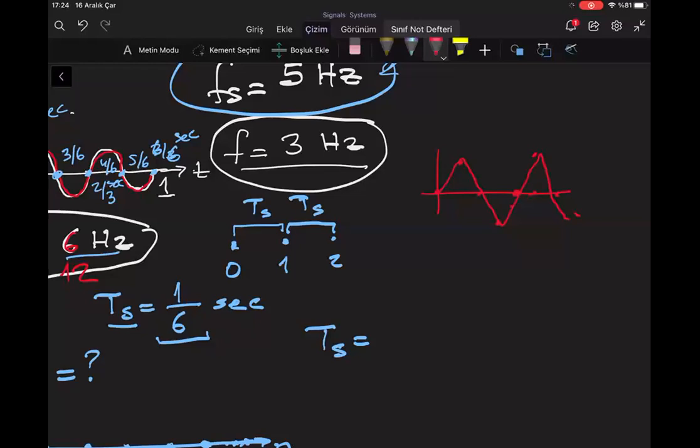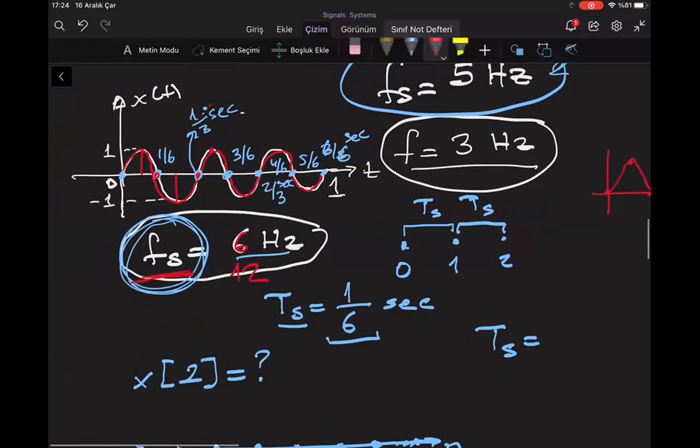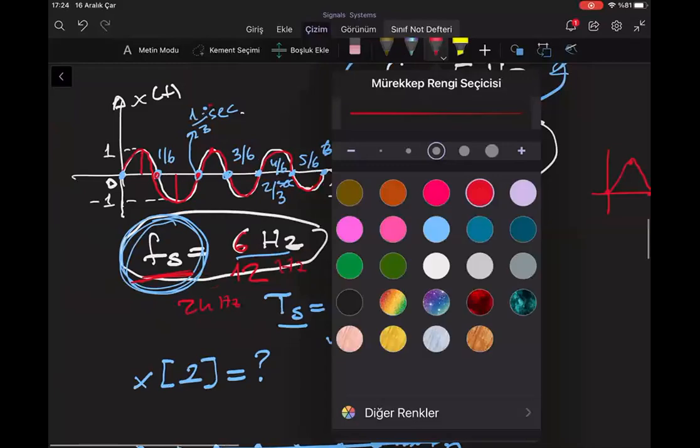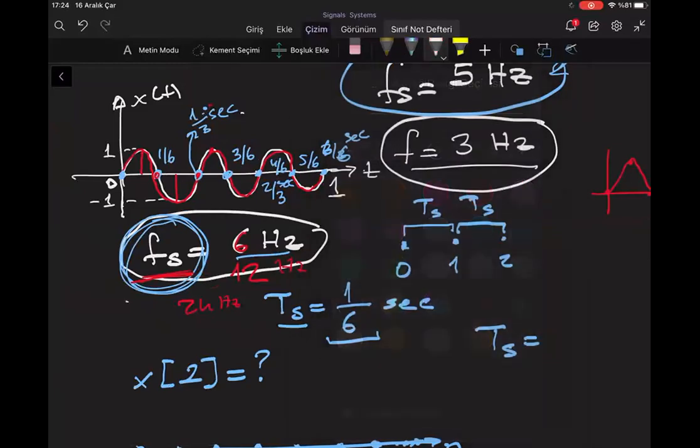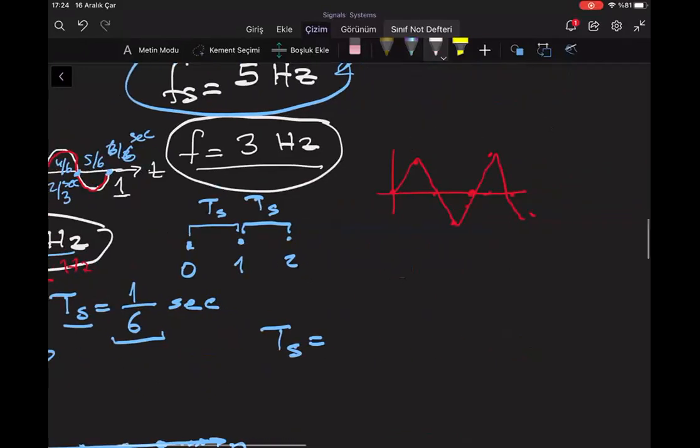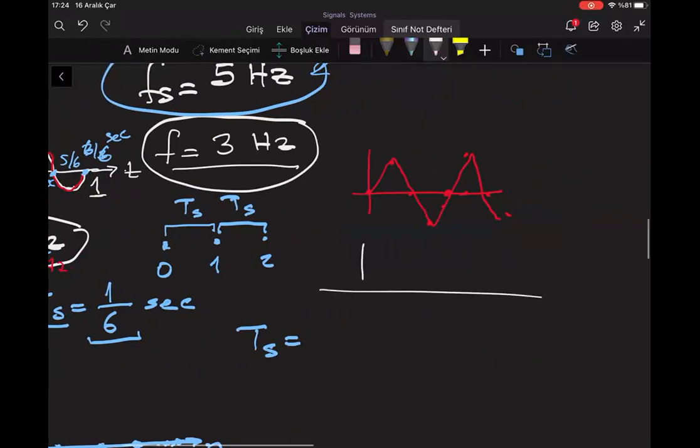Arkadaşlar anlıyor muyuz gençler? Sessiz çoğunluk. Yes hocam. Anlıyor muyuz? So if I increase it from 12 hertz to 24 hertz, what happens? Then I will have one sample here, one sample, one sample. So what kind of a sample would I have?